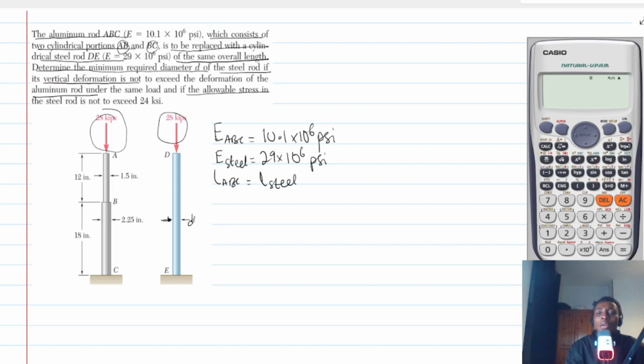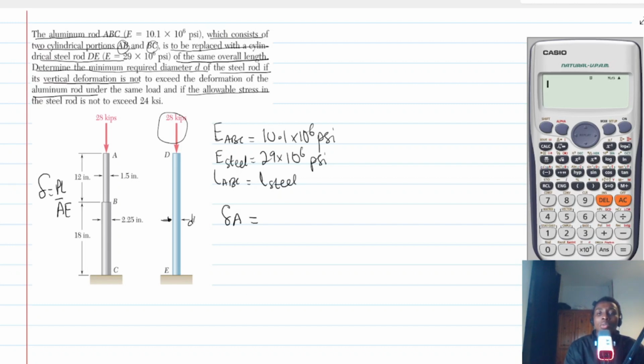Now the first thing that we have to do is let's consider the deformation of the aluminum rod. So considering the aluminum rod, which is this rod, the two AB and BC. So let's say A for both aluminum sides A and B. We know that deflection is given by PL over AE.